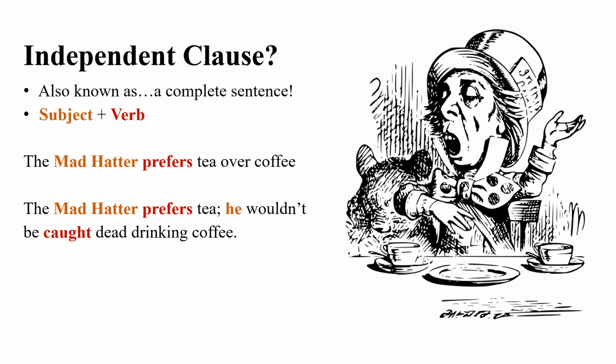As you can see, we have one independent clause and then another at the other end of the semicolon. The first sentence has to do with what the Mad Hatter likes to drink. The second sentence has to do with what he doesn't like to drink. So we're still on the theme of the Mad Hatter's drinking preferences.